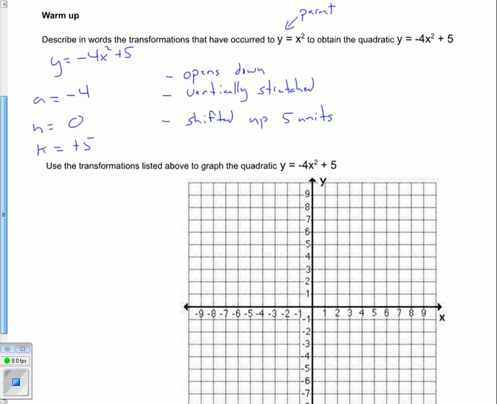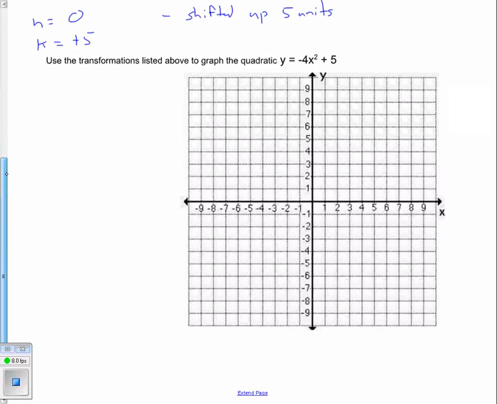So let's just quickly shift down here. I'm just going to quickly graph the parent form of the parabola in black, just so we have a frame of reference to what has happened to it. The parent form of the parabola, this is y equals x squared, starts off at the origin, then it goes over 1, up 1, over 2, up 4, over 3, up 9.